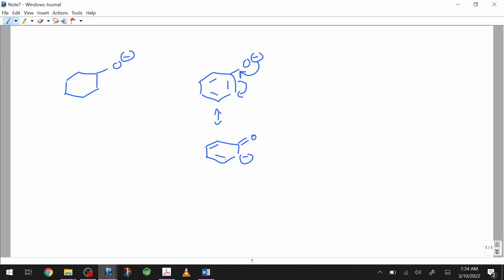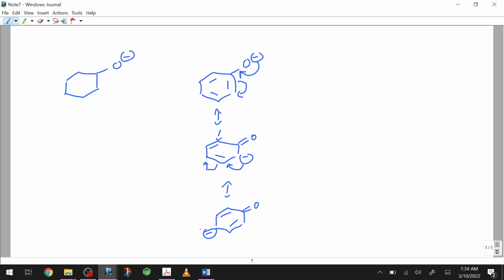And then we only need to draw one more of them for our explanation here. There's another one on the other side that's identical to this one, where that charge will be up here. But the one that's not identical has the charge opposite to where the oxygen is. That one's important because we're going to need that to explain the next one.